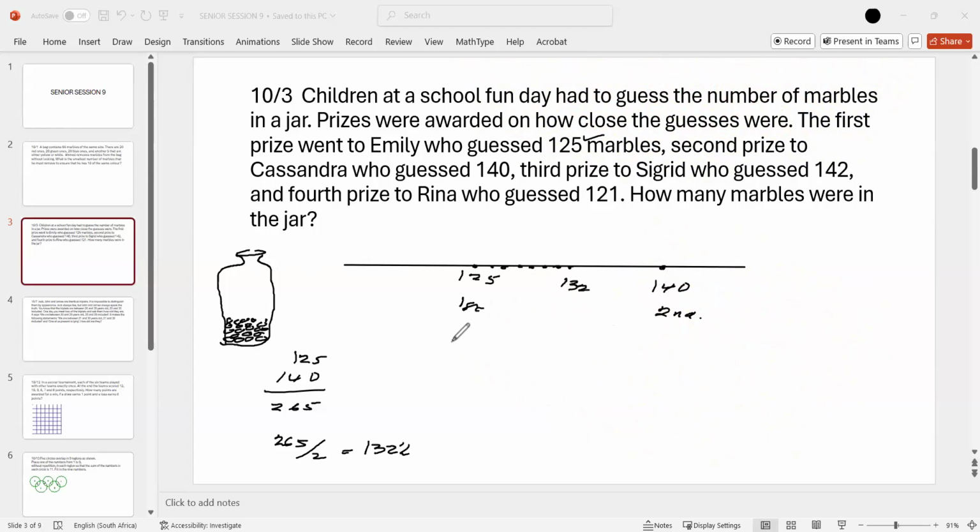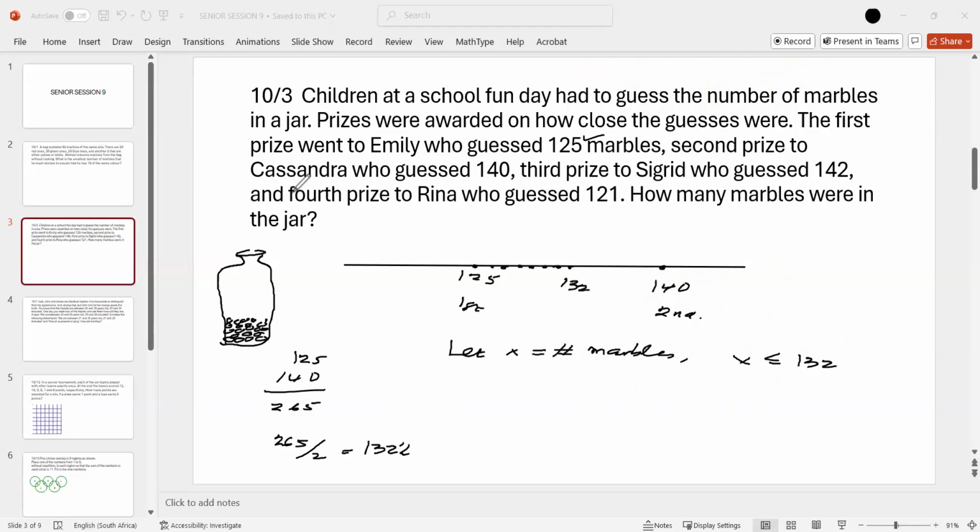Okay, so if we say let X be equal to the number of marbles, then certainly X is less than or equal to 132. I don't know where it is. It may be on that side. But certainly X is not here. X is closer to 125 than 140. So X is one of these.